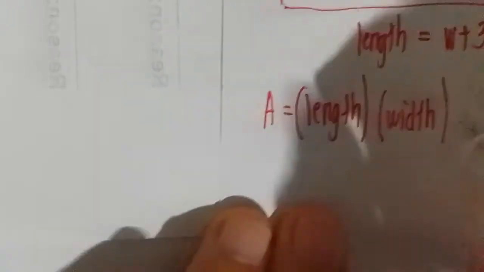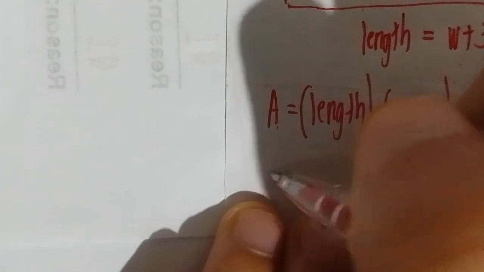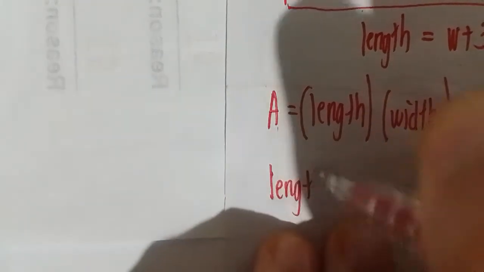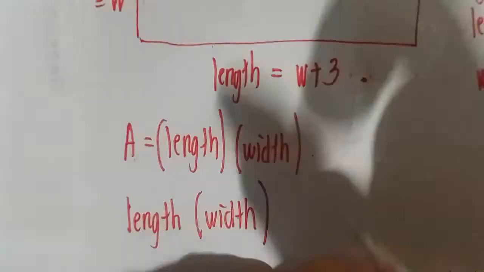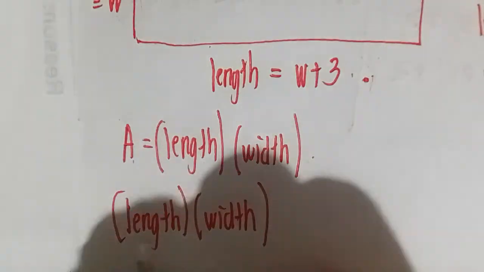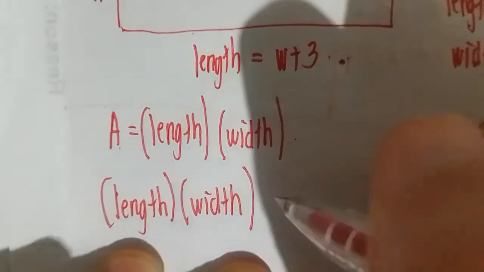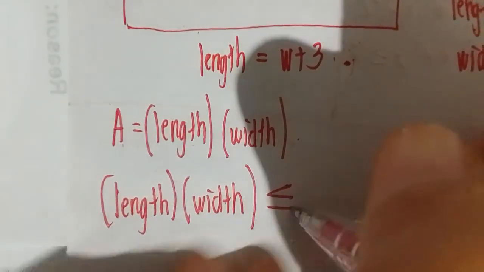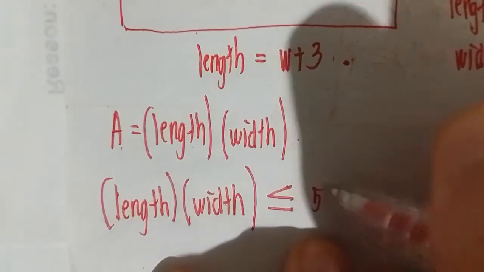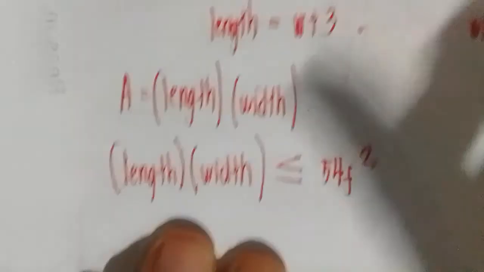So let's rewrite it step by step: length times width. When the length and width of the garden are multiplied, the result is equal to or less than 54 feet squared.